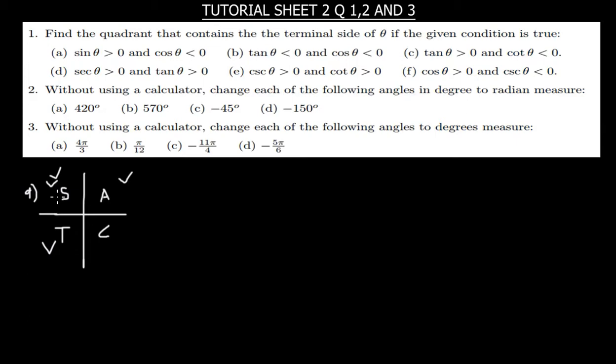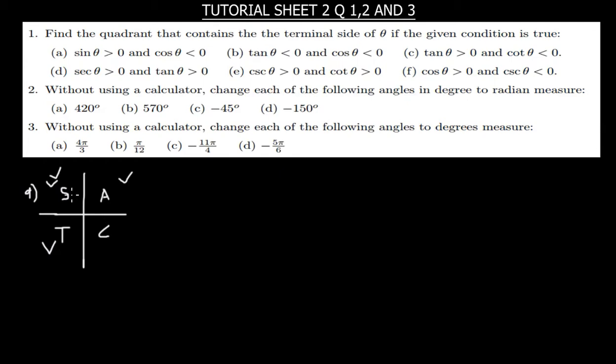So what do they mean when they say sine theta is greater than 0 or cos theta is less than 0? They are simply asking you to find the quadrant. So we know to say in the first quadrant all trig ratios are positive, and then in every quadrant that particular trig ratio found in that quadrant is positive.